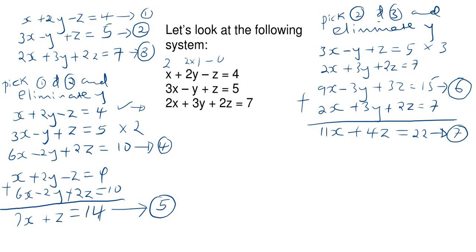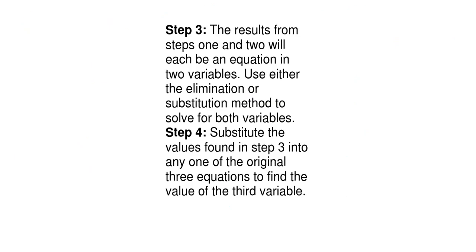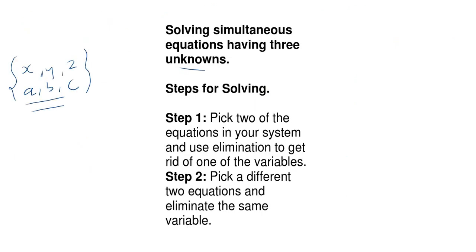So 2 plus 2 is 4. 4 minus 0 is 4. And 4 is equals 4. So it means we are right. So you can always confirm for the solutions. So that is how we solve a system of simultaneous equations having 3 unknowns, and whereby you have not been told which method to use, you can follow these steps.